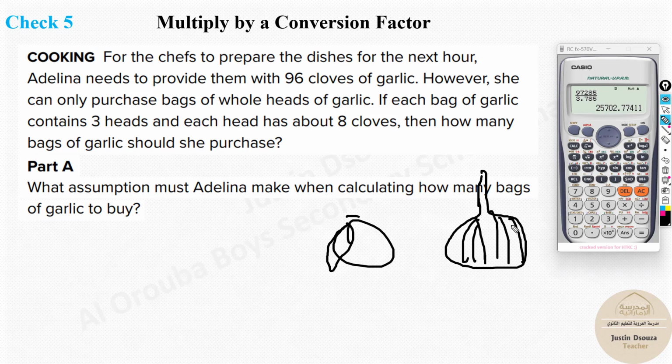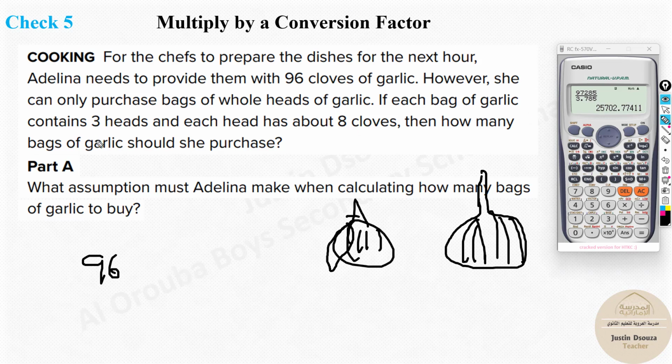So she needs to provide 96 individual cloves for the chef. However, she can only purchase bags of whole garlic. When she buys from the shop, she can only get whole garlic, and she needs to make the cloves.